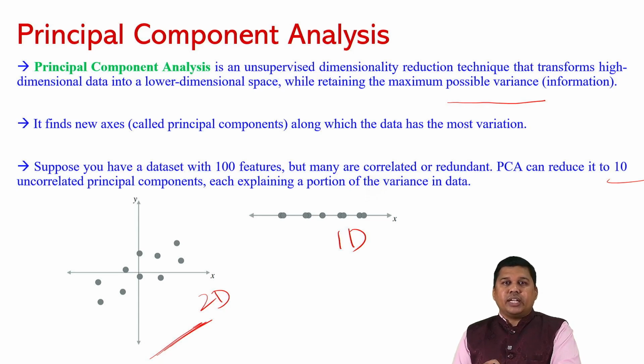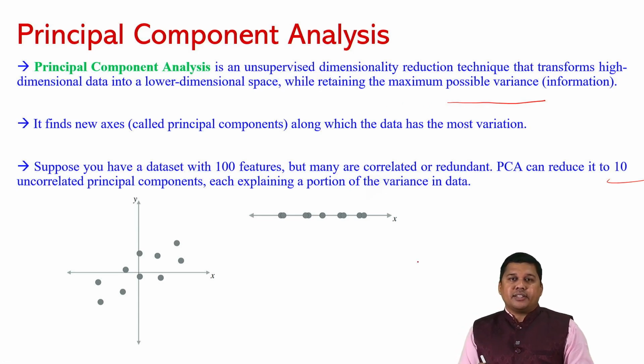We are not deleting in PCA; we are projecting these data points into a single dimension. These data points here are being projected into single dimension data, that is what PCA does. How does it do it? Retaining the maximum possible variance, that is what we try to do. This is what principal component analysis is.